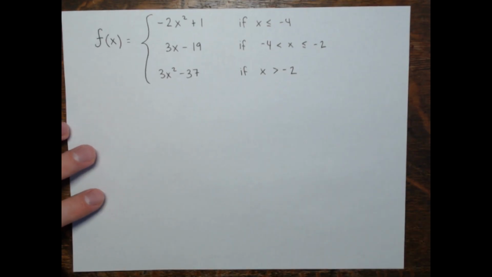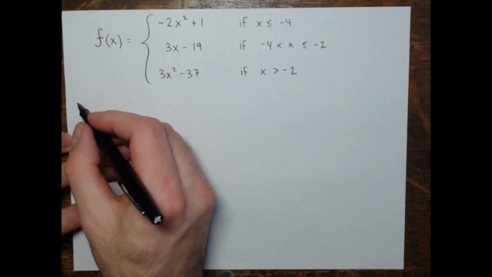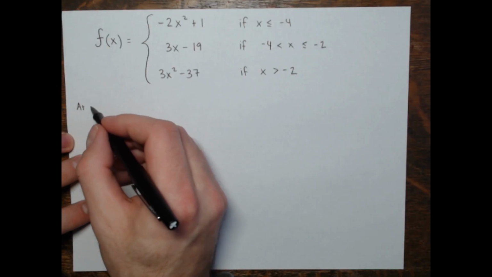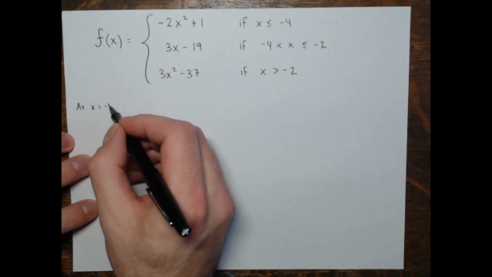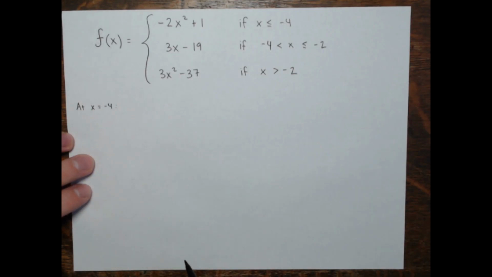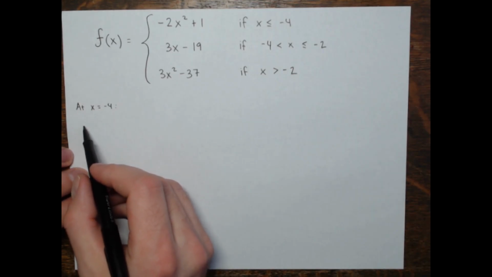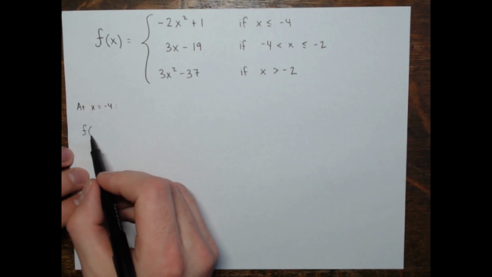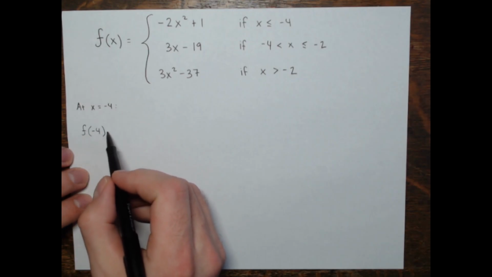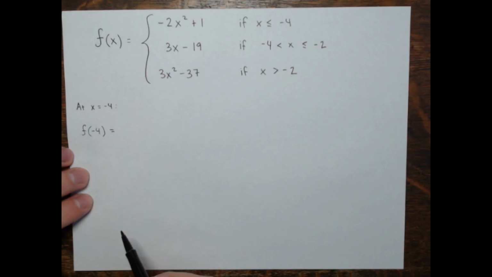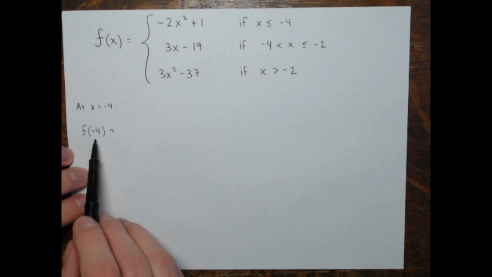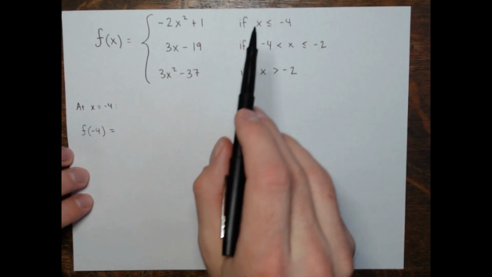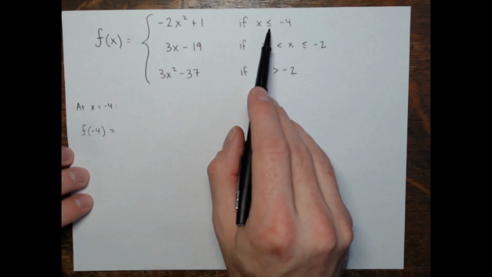All right. So let's take a look around x equals -4. Start with that. So remember, the first condition is, does the function have a value at -4? Now here, x equals -4. I'm plugging in -4, so I'm in this top piece.